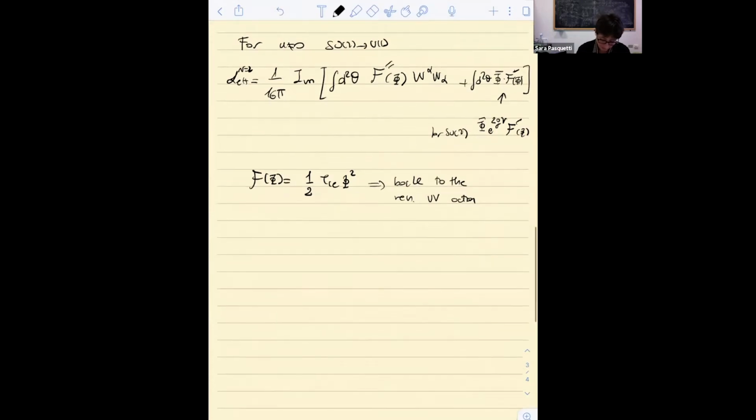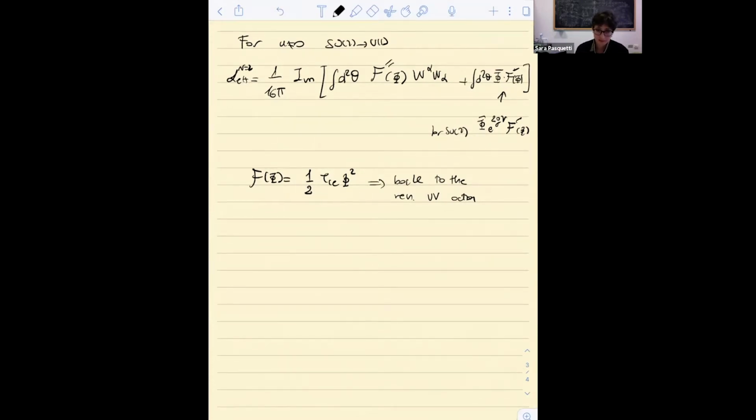So let me anyway derive for you the non-renormalization theorem for the prepotential as proposed by Seiberg. This is work from '88.